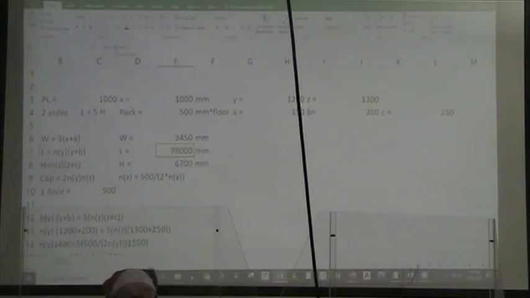So I hadn't put the parentheses around y plus b. And that's why it made a mistake. It was only multiplying 70 times y, not y plus b. All right, and that one I calculated correctly.